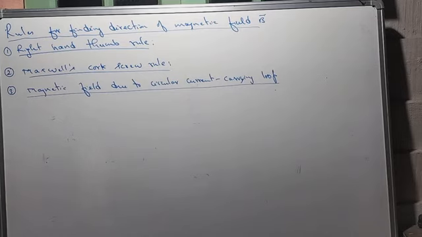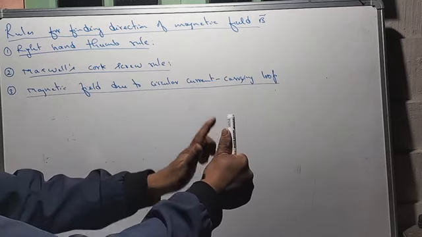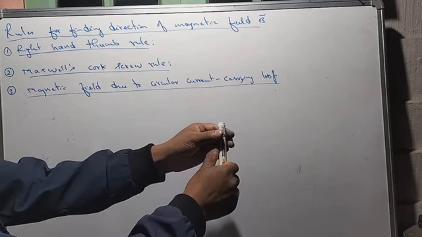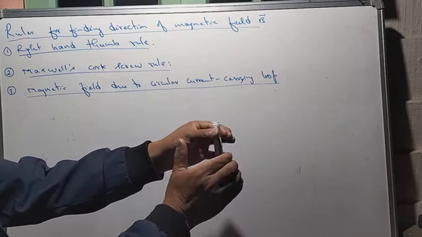This right hand thumb rule says: if we hold a straight conductor with my right hand in such a way that the thumb points in the direction of current, then these curled fingers of my right hand represent the direction of the magnetic field around the straight conductor.